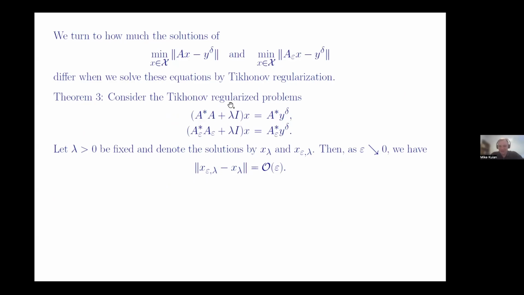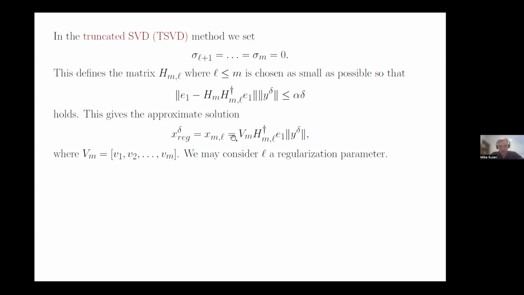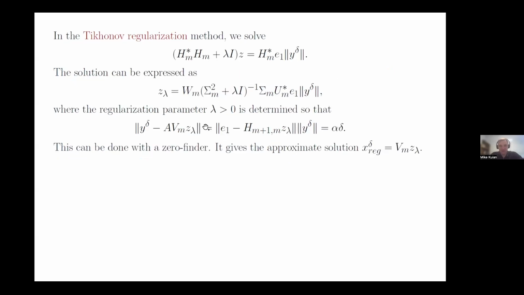Well, we select lambda to satisfy the discrepancy principle. So based on the discrepancy principle, we determine our lambda. It's another question how to find it, how to solve this minimization problem. But typically, it's not very hard to do numerically. And finally, we get our regularized solution.